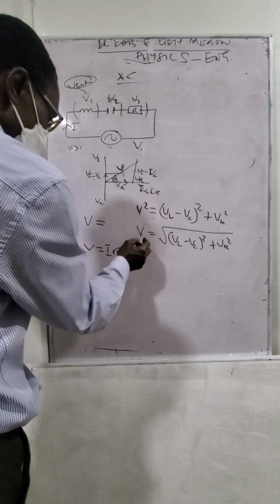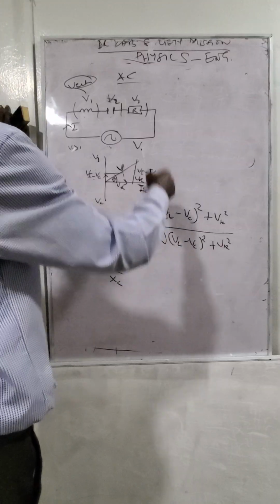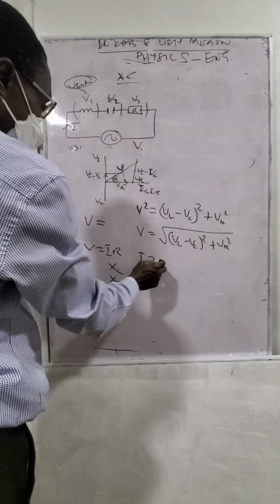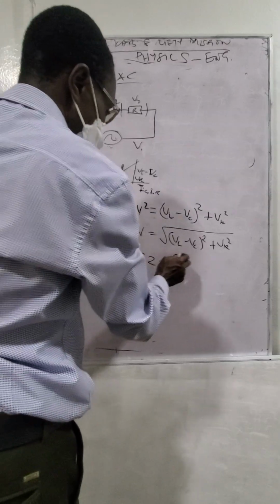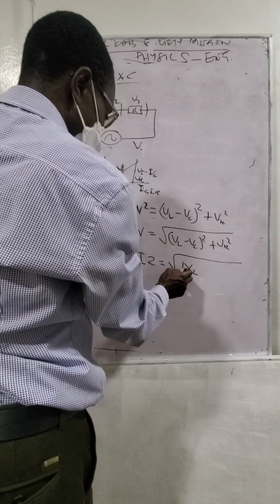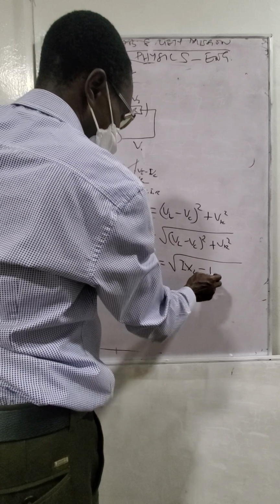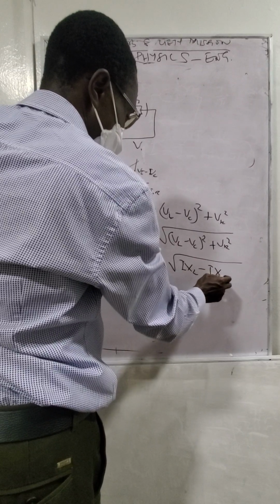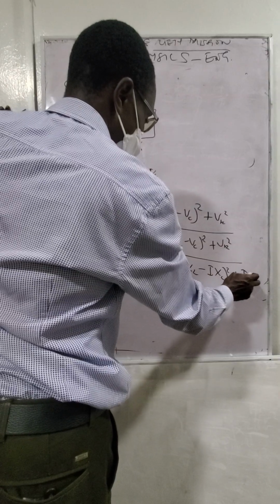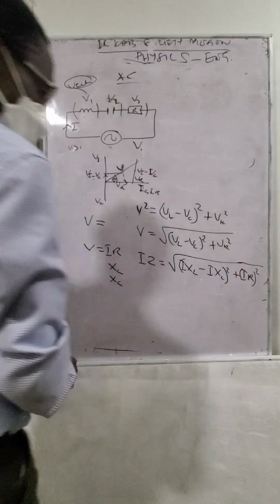In this case, the overall impedance is Z, so we have I Z equal to the square root of (I X_L minus I X_C) squared plus (I R) all squared.